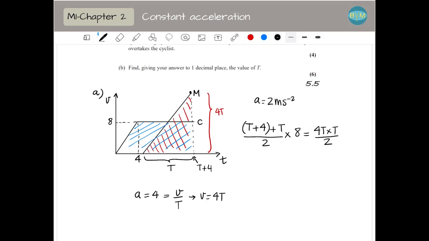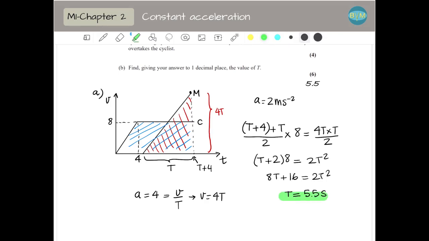We can rearrange this a bit. So on the left hand side, we have (2t plus 4) divided by 2, which is t plus 2, times 8, which is 8t plus 16, equal to 2t squared. When we solve this quadratic equation, you will get one positive t, which is 5.5, and the same value but negative.